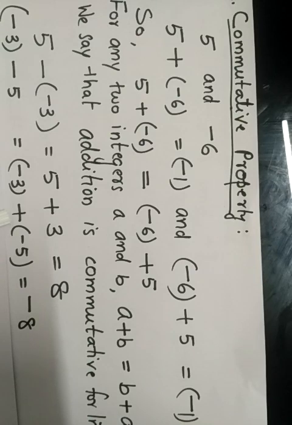Subtraction becomes addition. And here 5 means positive 5, which becomes negative 5. So -3 plus -5. What is -3 plus -5? Same sign, so we add the numbers. That is -3 plus -5 is -8.